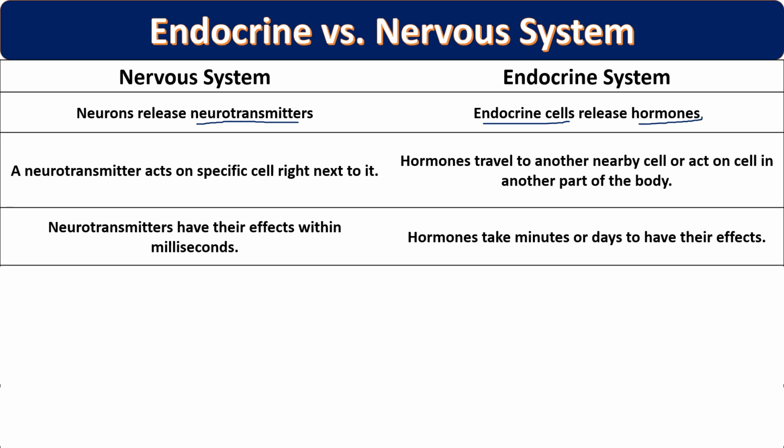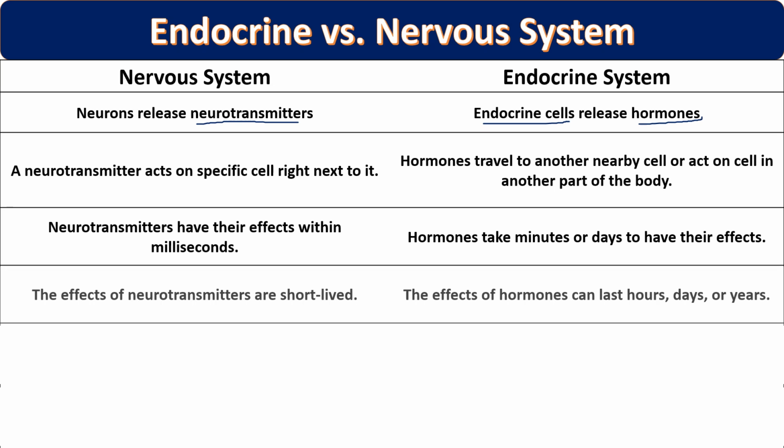Neurotransmitters have their effect within milliseconds, so very fast actions happen. Normally our nervous system, neurons, have very fast actions, in milliseconds. Whereas hormones take minutes to days to take effect. Neurotransmitters have a very short half-life, whereas hormones have a half-life longer than neurotransmitters.